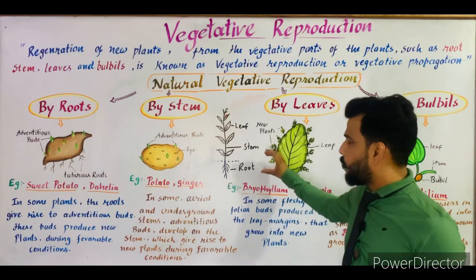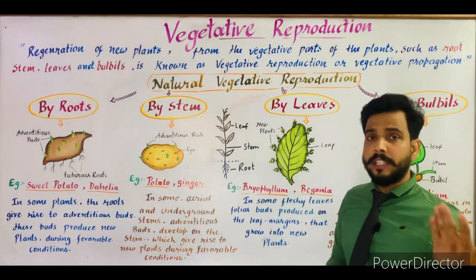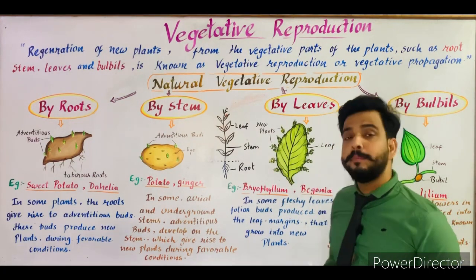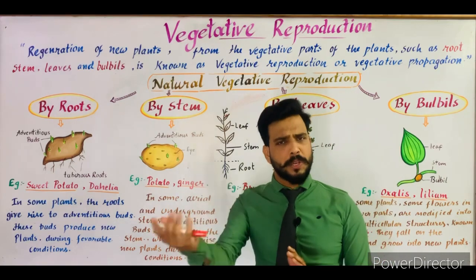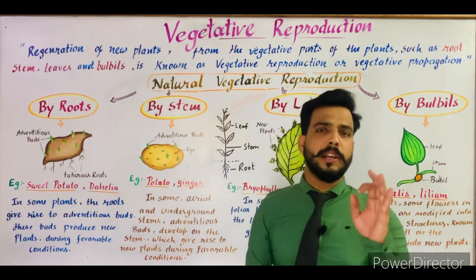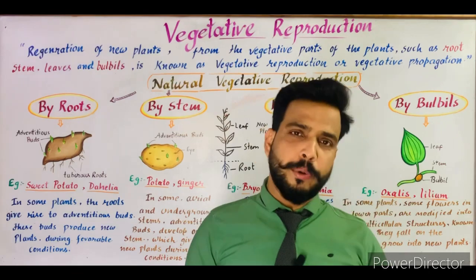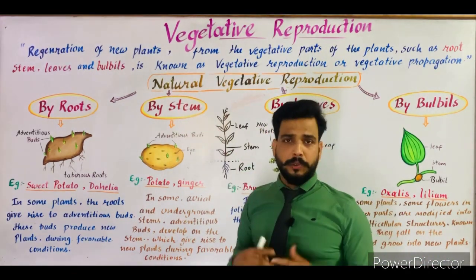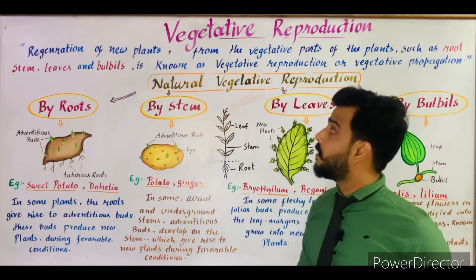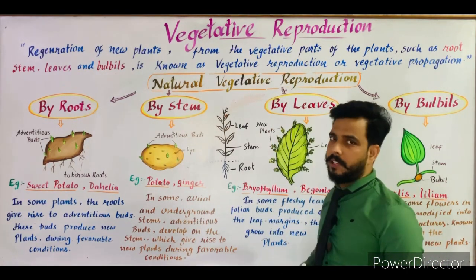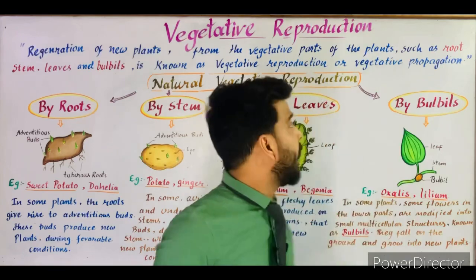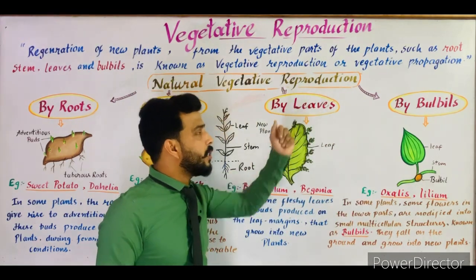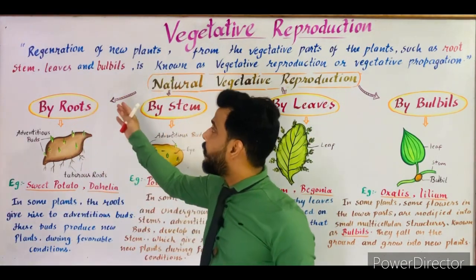So suppose the plant grows with the help of root, or stem, or leaf, or any other special structure, then this type of reproduction is known as vegetative reproduction. So what is the definition? Regeneration or production of new plants from the vegetative parts, such as root, stem, leaves and bulbils.